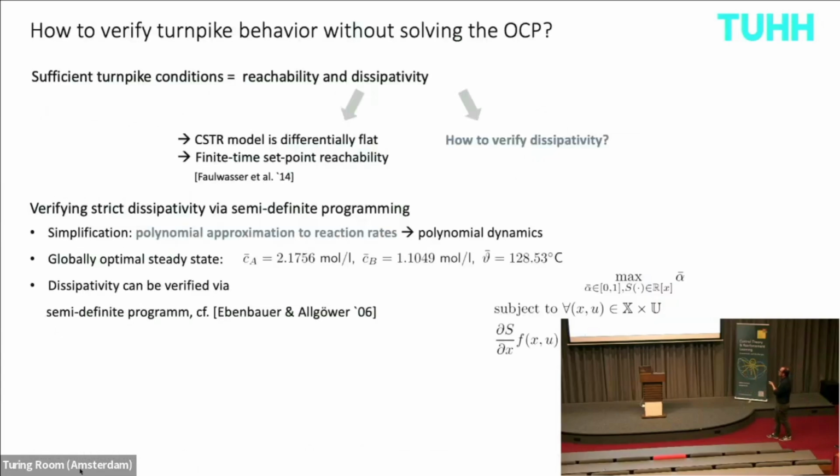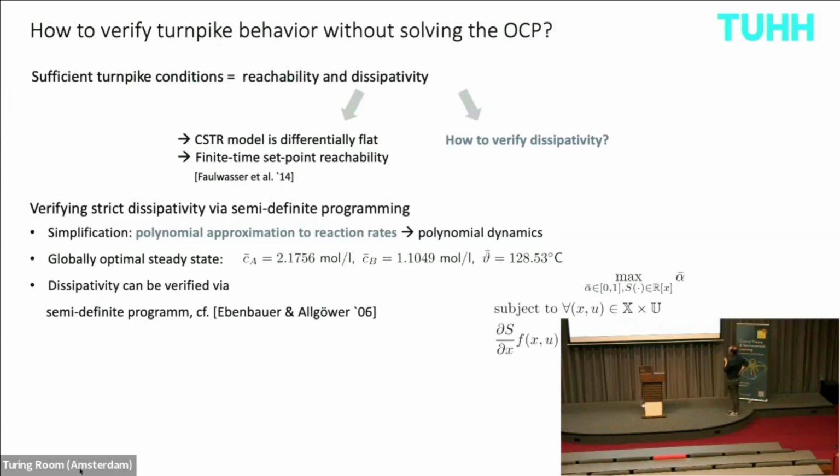This is the amount of product B. Now, what I need to check is reachability and dissipativity. I've chosen this model because in a different paper in my PhD, I showed, oh yeah, this thing has nice reachability properties. Essentially, I can steer it almost from anywhere to anywhere. So that's ticked off. So the question is how to verify the dissipation inequality. And now, if the dynamics are polynomial, I can phrase a semi-definite program of the following form.